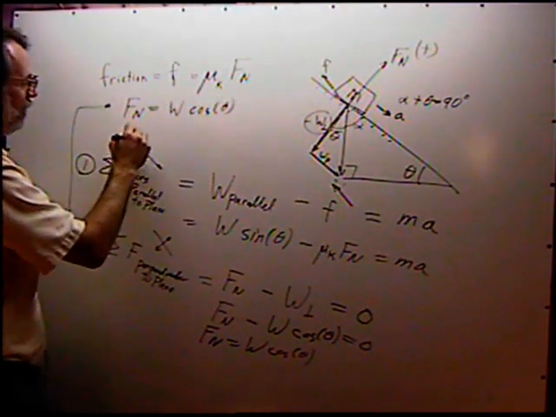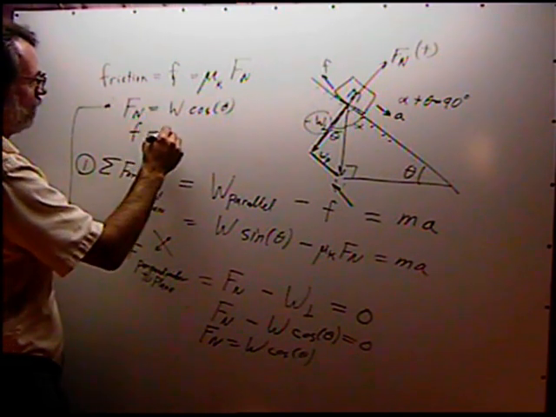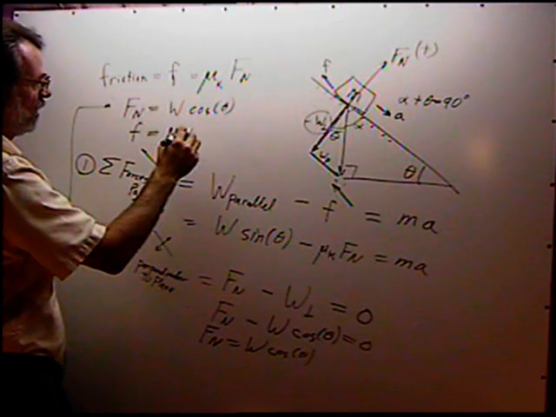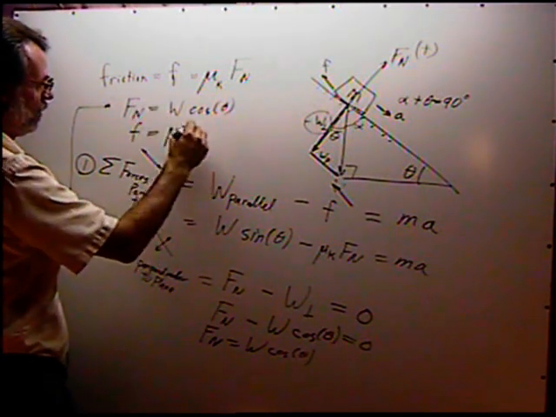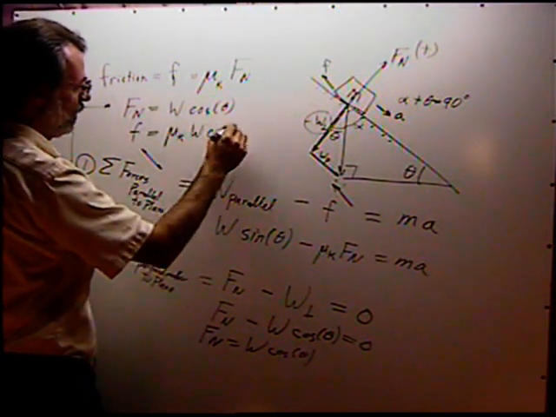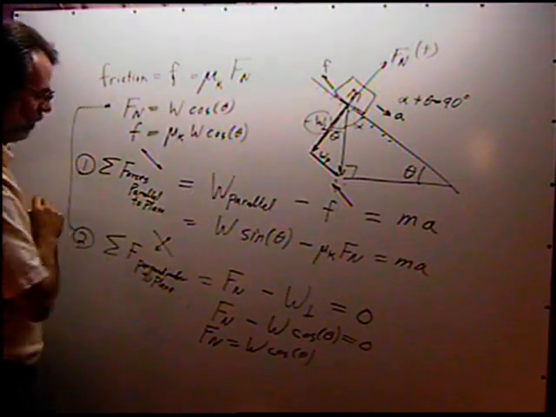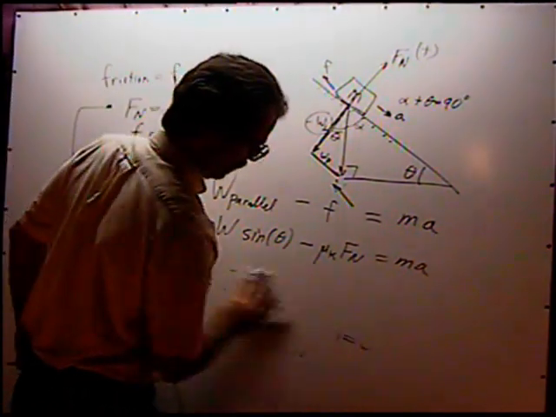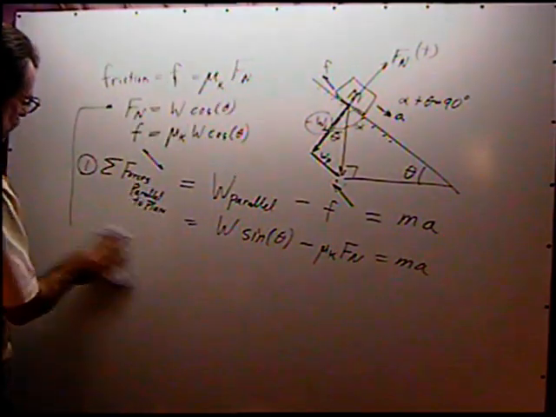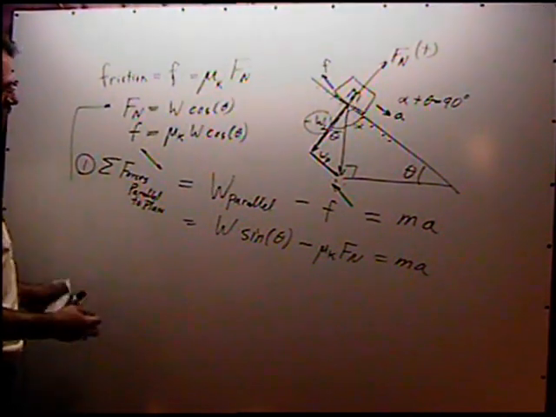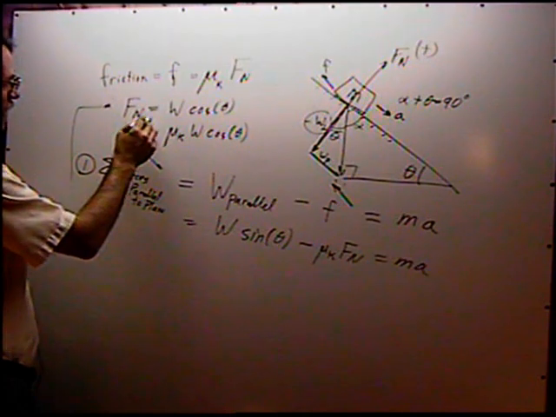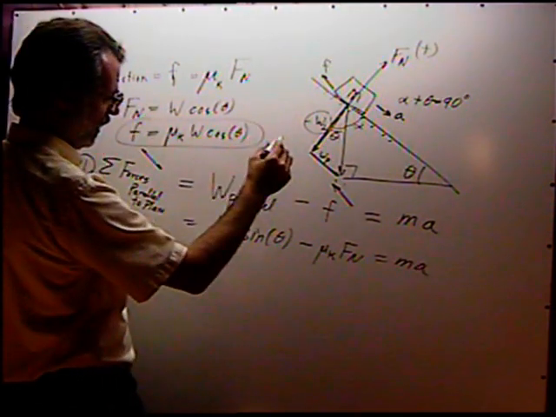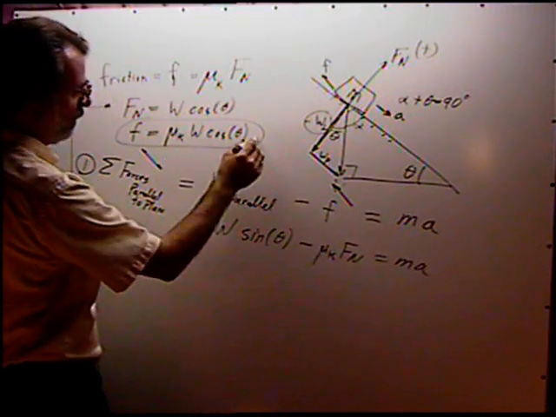Therefore, we know that the friction is equal to the kinetic coefficient of friction times the normal force, the weight times the cosine of the angle. So we can plug this into the first equation. Now that we know what the friction is, we can plug that right into here.